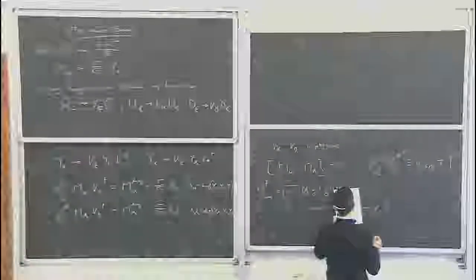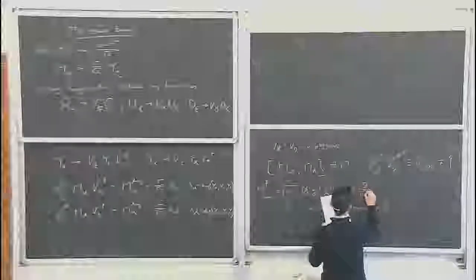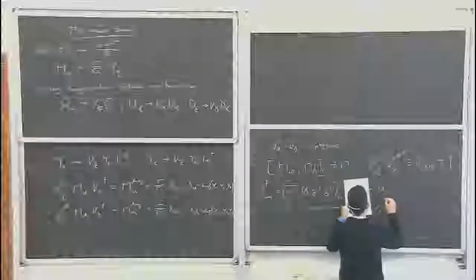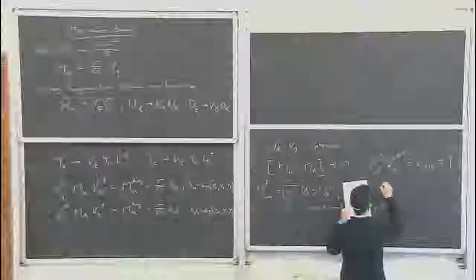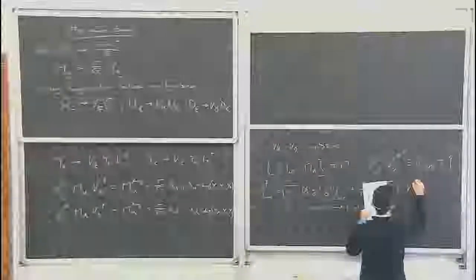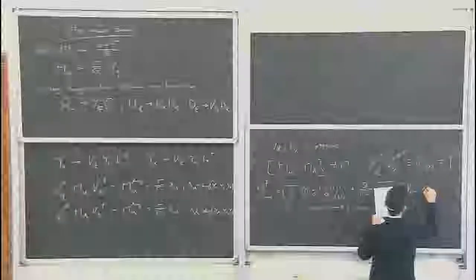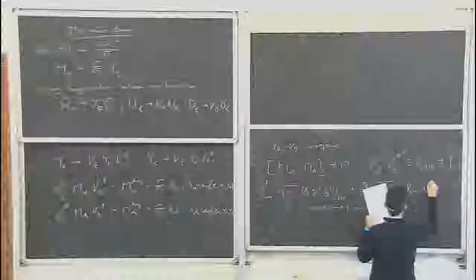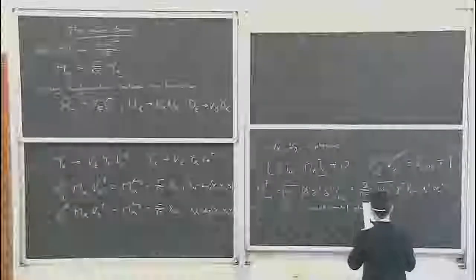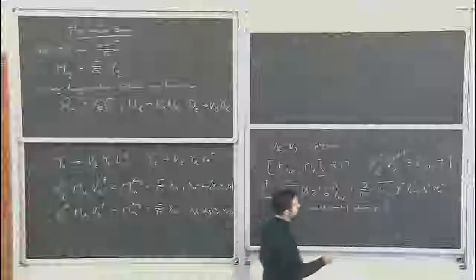But then we have an additional term, which is the charge current weak interactions, which can now be written as ū_Li γ^μ V_ij (CKM) d_Lj W^μ+.